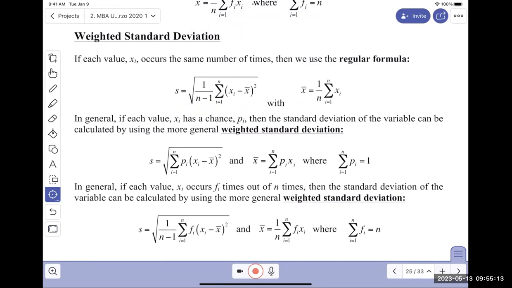I will do this. Basically, it's remembering what the variance is. The variance is the average of the squared deviations from the mean, and the square root of that is the standard deviation. If you didn't watch the videos on the standard deviation, please go back and do that.